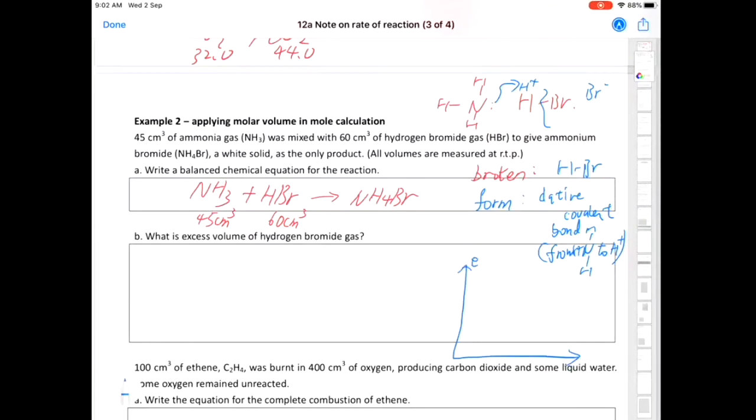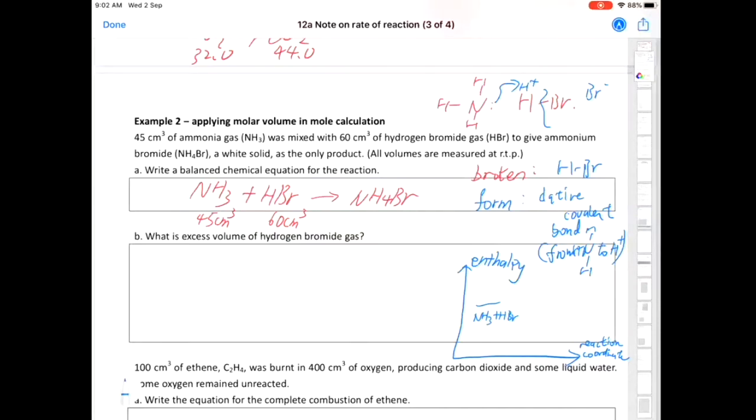So if you really draw out the enthalpy diagram and the energy profile of it, do you remember this diagram? Reaction coordinate. It somehow looks like this. For NH3 and HBr, it should be the reactant. And then you can see that in the whole process, there is bond formation and bond breaking.